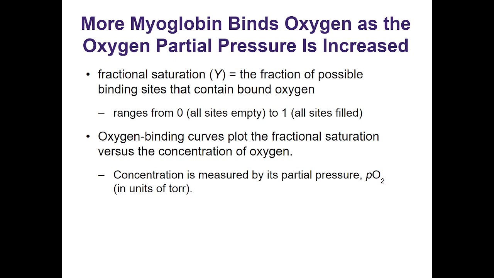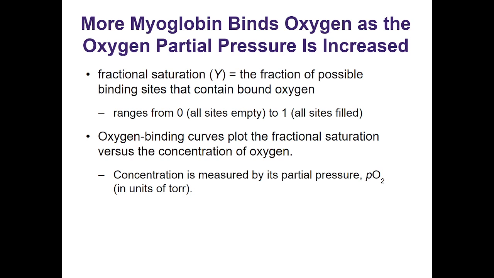By the way, anybody know why we don't use atmospheres in here? Yeah, we'd almost always be at about 1, and then we'd have to work in the second decimal place. Torr has more units within it, so it works better here. Does anybody know why the partial pressure can be used?